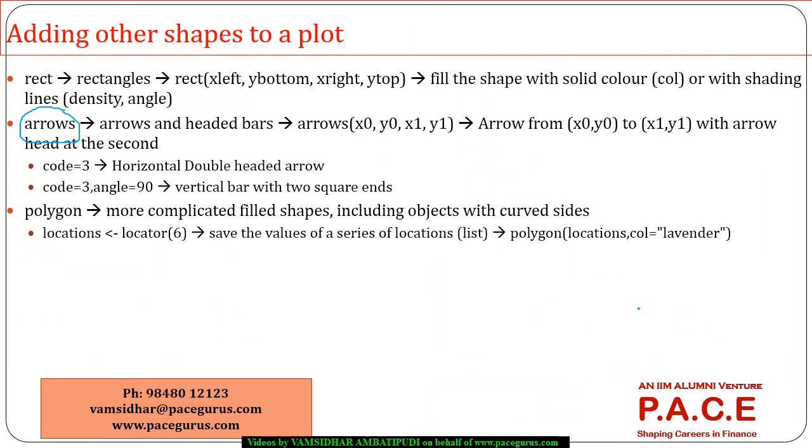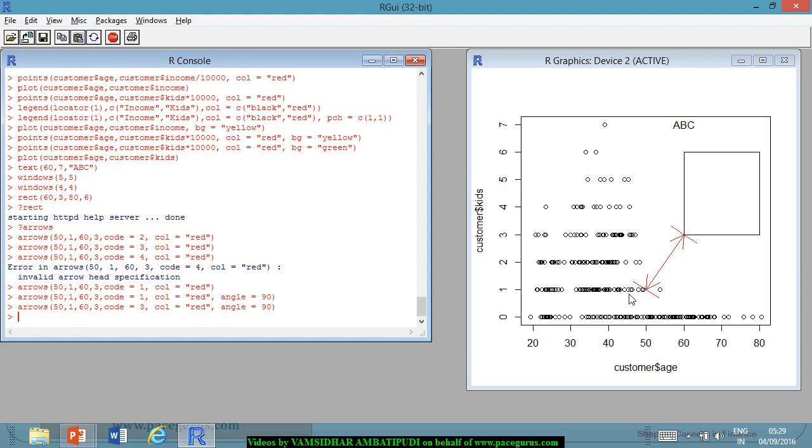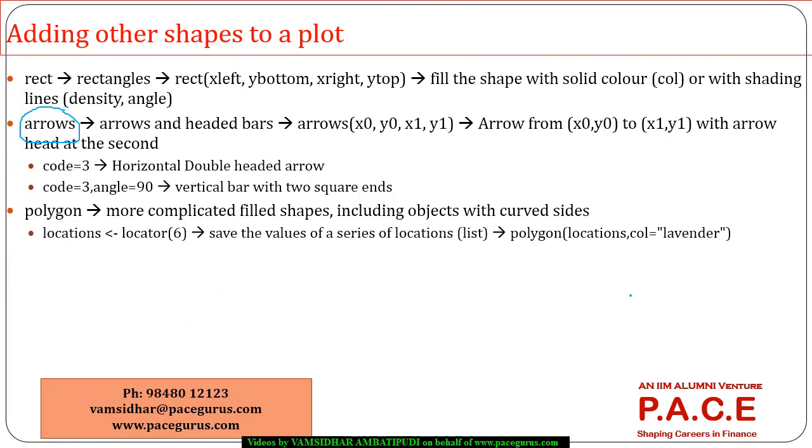No, you have to set it as code 3. So you could set different kinds of locations, different kinds of arrowheads. All that you can handle through the arrows function.